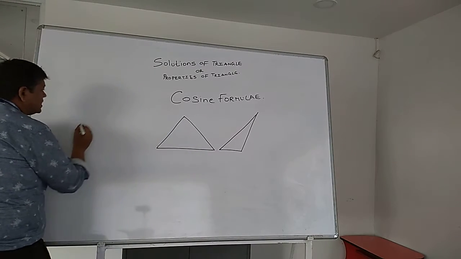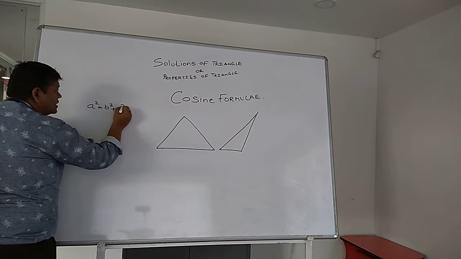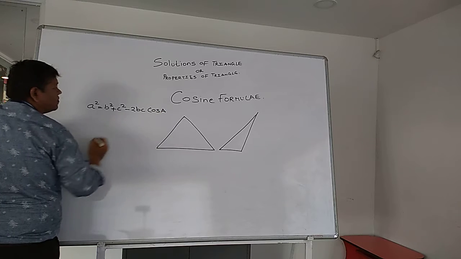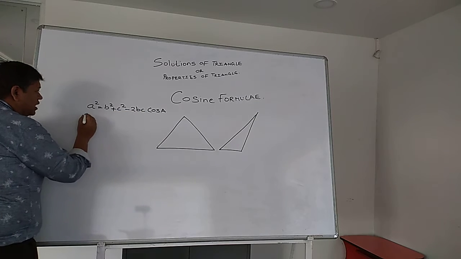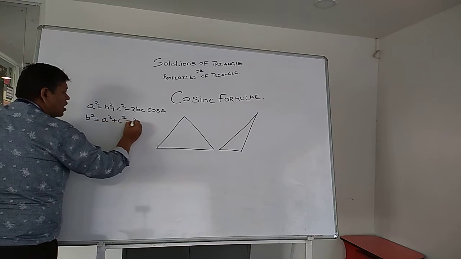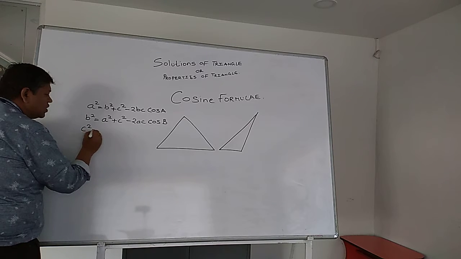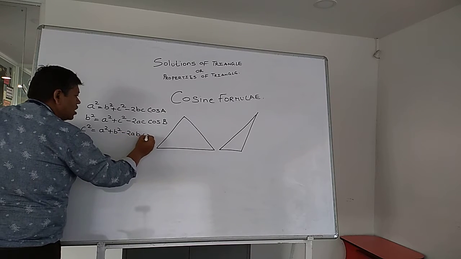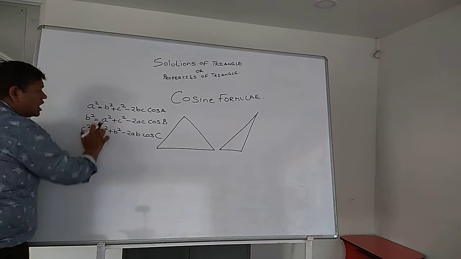The formula goes like this: a square is equal to b square plus c square minus 2bc cos A. B square is equal to a square plus c square minus 2ac cos B. C square is equal to a square plus b square minus 2ab cos C. These are the three formulas which are known as cosine formulas.